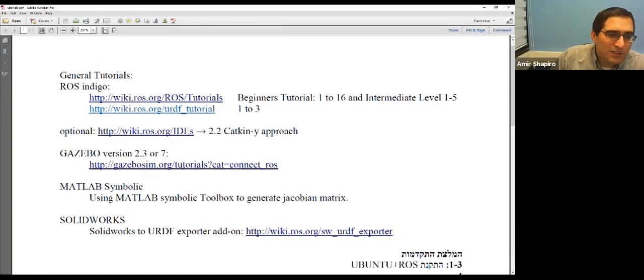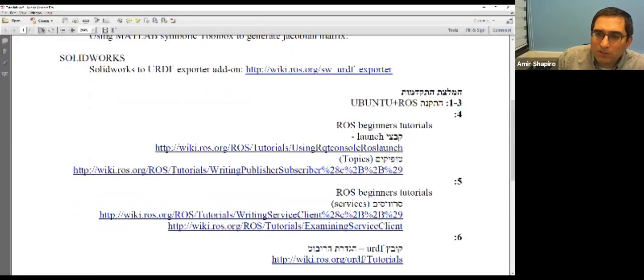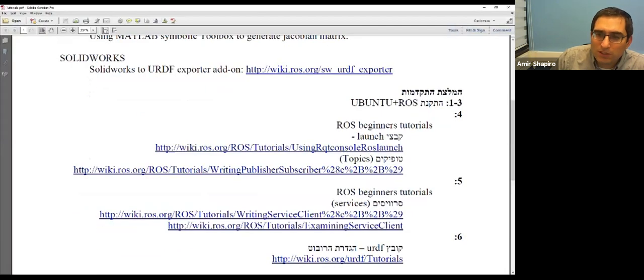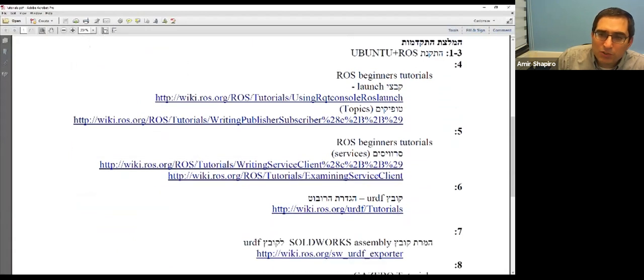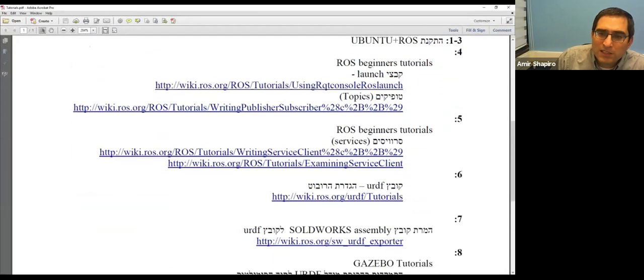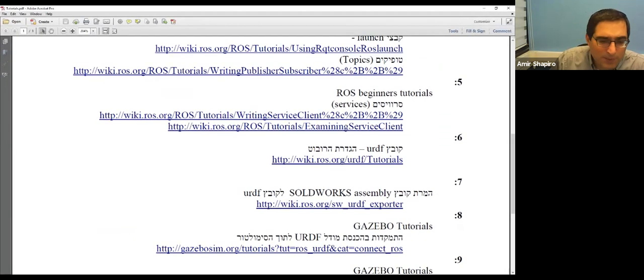And there are here all the options, how to learn, what you need to install Ubuntu, to install ROS, to do the beginner's tutorial, then learn about URDF files, which is the file that represents the robot, the Unified Robot Description Format.